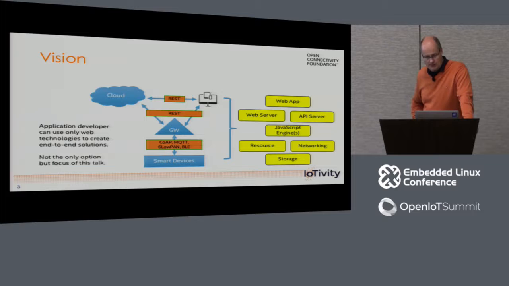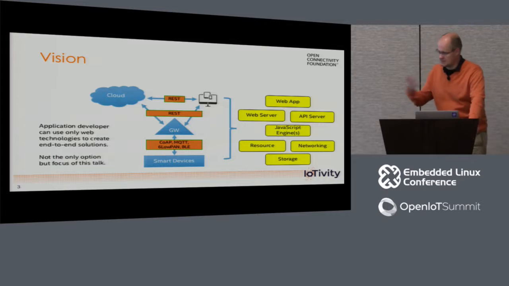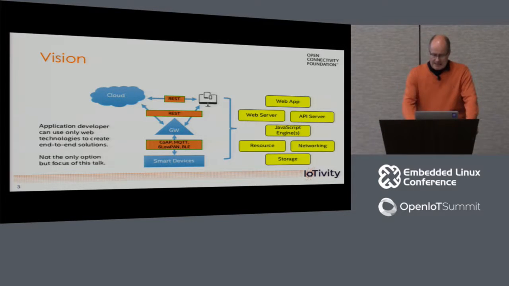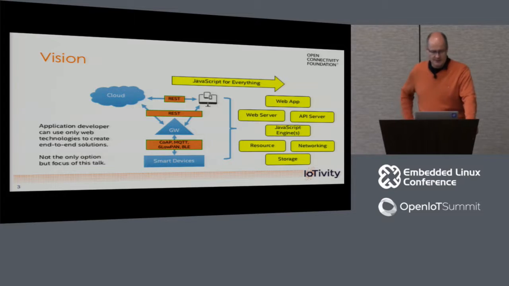You need some storage, some resources, networking capabilities. In terms of the web platform, you need a JavaScript engine, web servers, API servers, and then finally a web application, whether it's an HTML5 application or a Node.js application. And really the vision here is that you should be able to use JavaScript for everything.